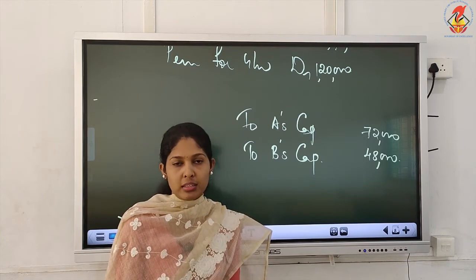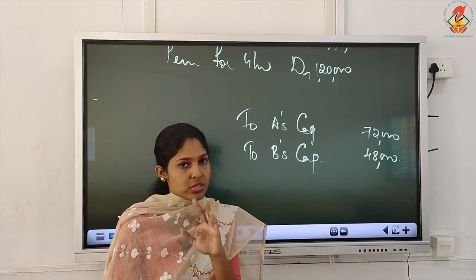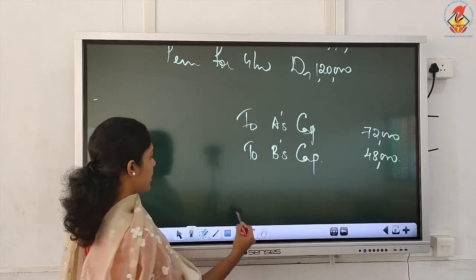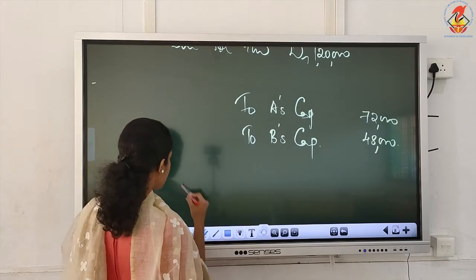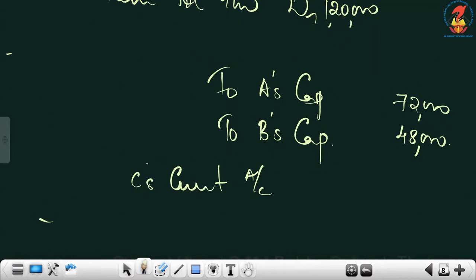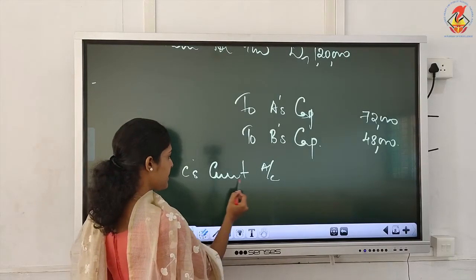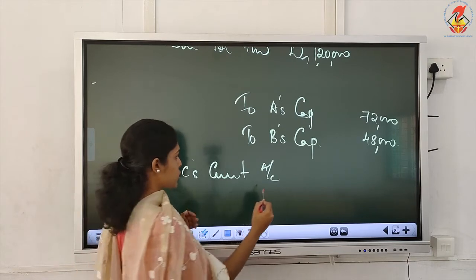That's also correct. And it will be better to open a current account so that posting will be easier. I will show both. So for that unpaid share, we are debiting C's current account, just because he is unable to bring in some more amount.